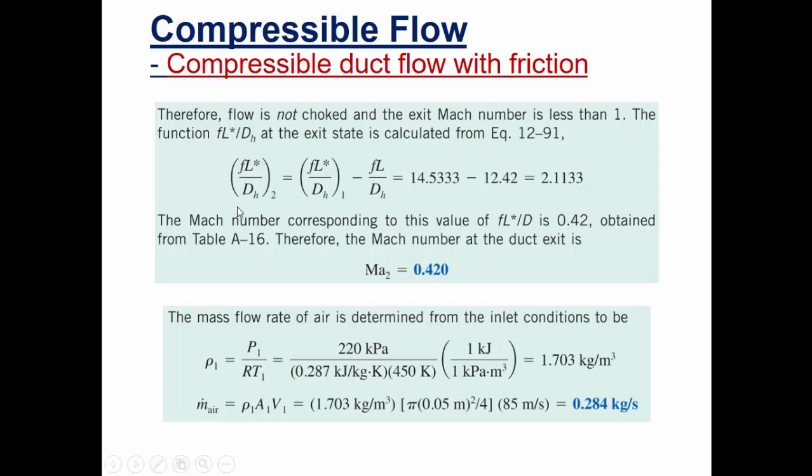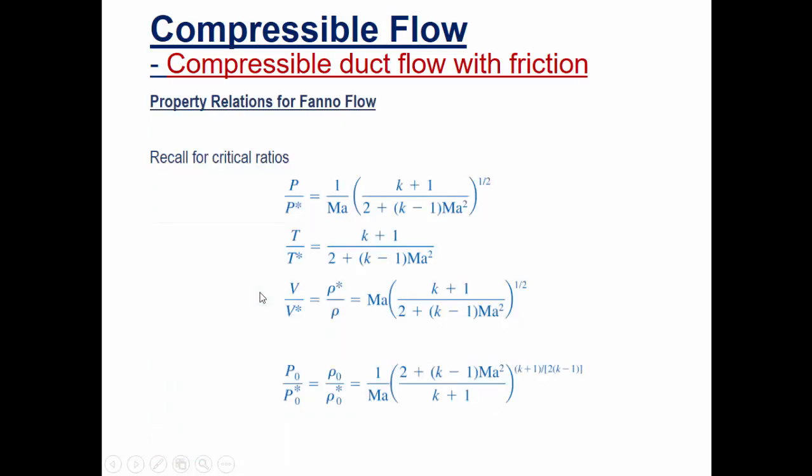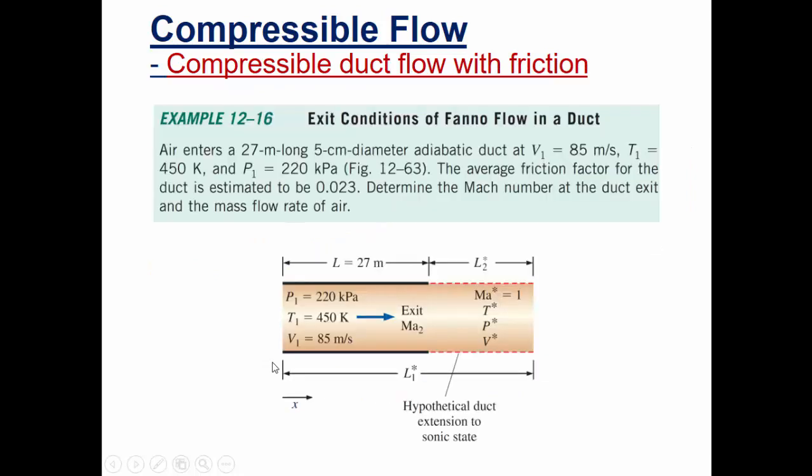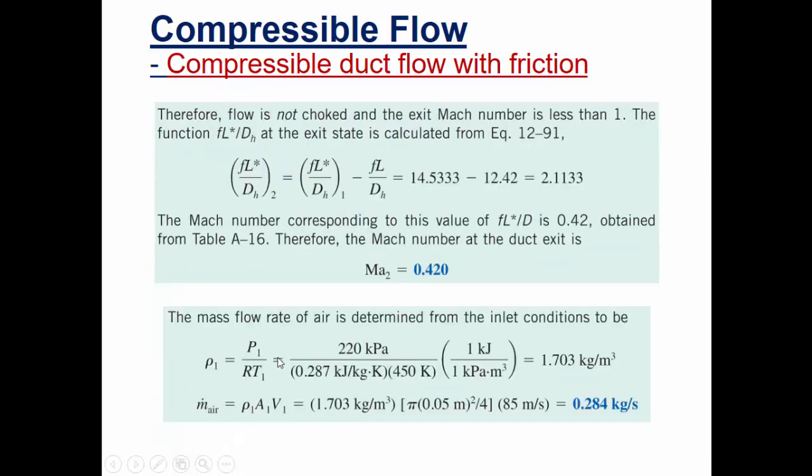Therefore, for this case, we can calculate the critical length by using this relationship, which we have seen previously in these slides, where the actual length is equal to the difference of the critical length between the two Mach numbers. We can find the relationship for the exit, or the condition at the exit.